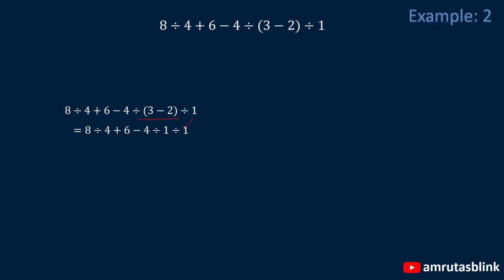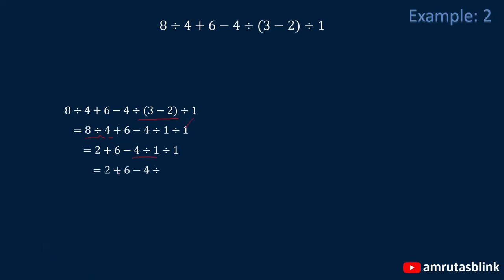Now in this expression there is no bracket, so we will solve the divisions first. So let's say this division we have solved. So 8 divided by 4 is 2, plus 6 as it is, minus 4 as it is, divided by 1 as it is. Now we have to solve this division.